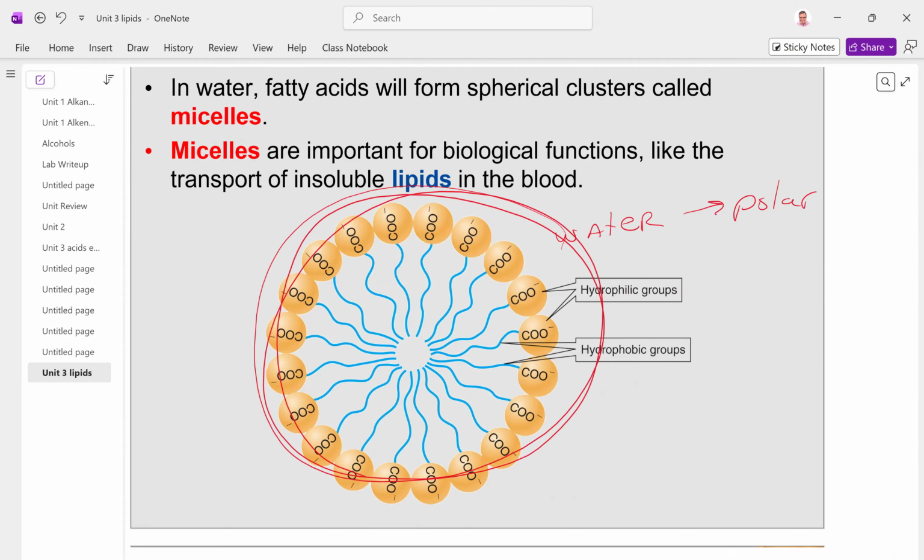The part that's incompatible with water, the nonpolar part, goes inward, and the polar part, which is very compatible with water, forms the outside. It's like a wagon train in the old Western movies. And this is 3D too. This is not two-dimensional. Micelles are also called a soap bubble.